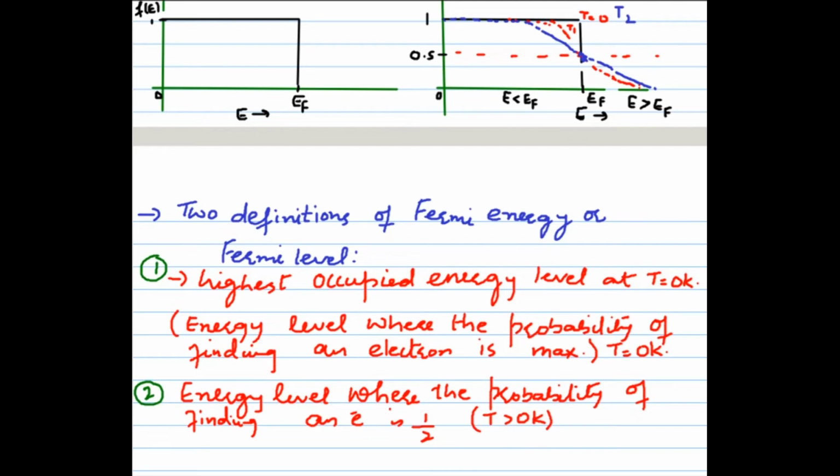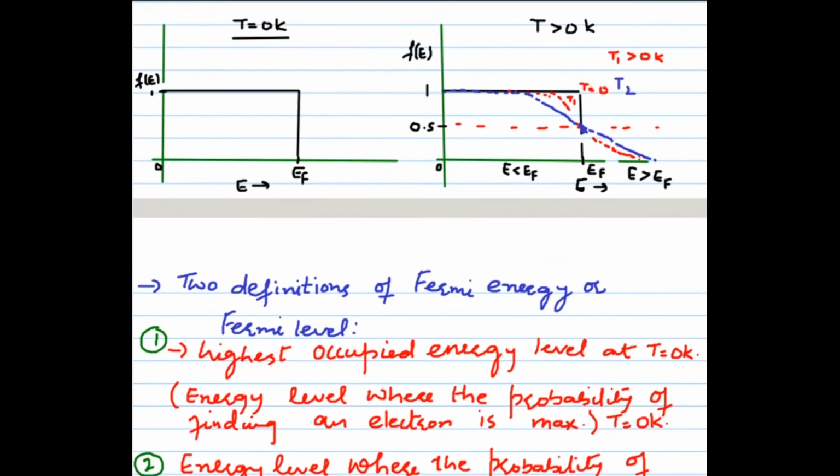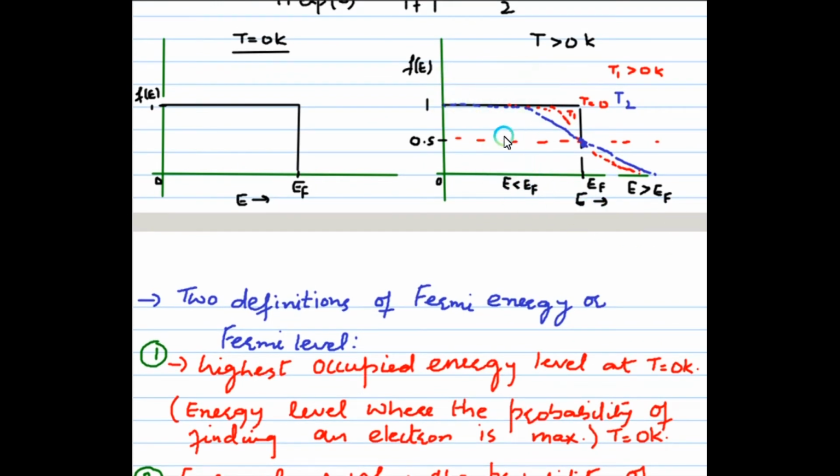Alright. I hope this is clear. So further, even if the temperature goes on increasing from T2 to T3, it will be like this. This area is going to increase, or the value is going to increase. Sharper transitions and smoother transitions, right?